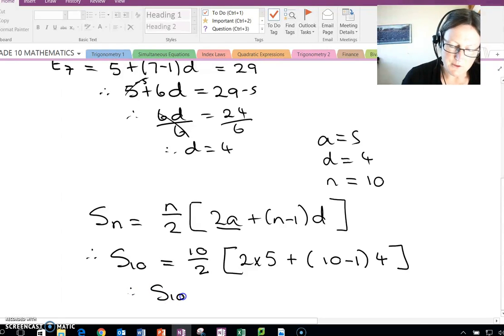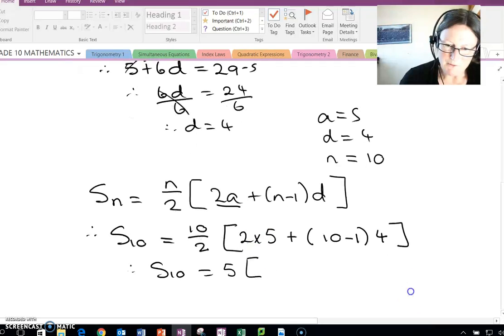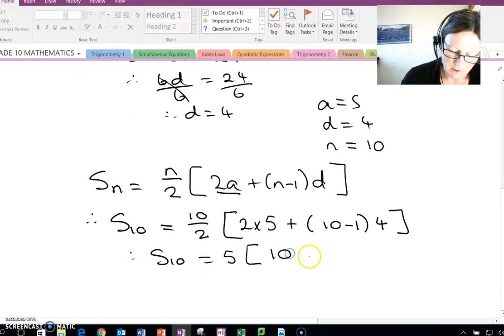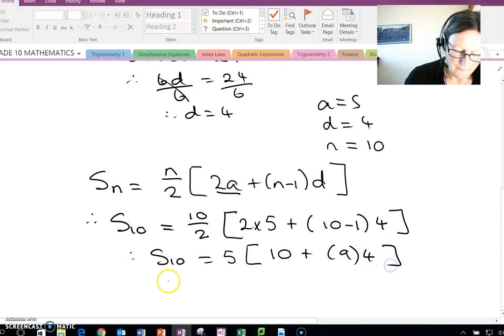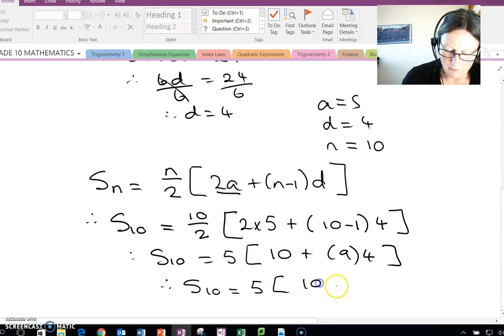So the sum of the first 10 terms: 10 over 2 is 5, 2 times 5 is 10, plus 9 lots of 4. Now you can probably put this into your calculator. I won't. 5, and then it's 10 plus 36, because 9 fours are 36.